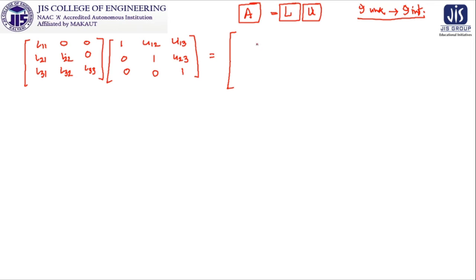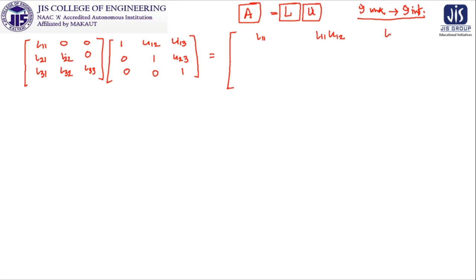So the first entry will be L11 into 1 plus 0 into 0 plus 0 into 0. So that is L11. In a similar manner, the 1 2 position will be L11 into U12 plus 0 into 1 plus 0 into 0. So it will be L11 U12.